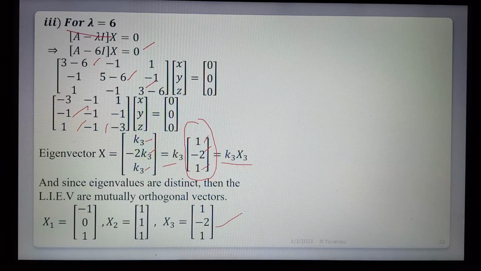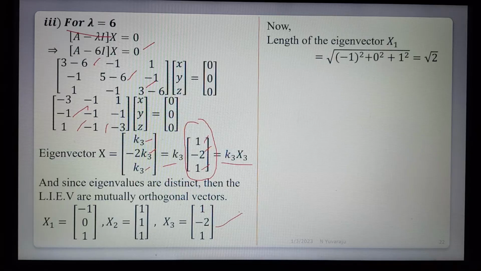So next procedure, finding the norm, that is the length of each eigenvector, to get the normalized vector. Now the length of the eigenvector x1 means square root of the sum of the squares of the elements in the vector: minus 1 square plus 0 square plus 1 square, that is equal to root 2.